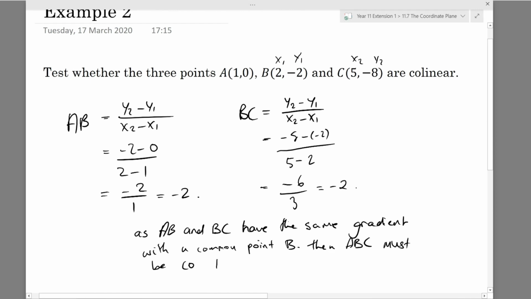I think that's one word, not two. Damn it. Okay, so pretty straightforward. Just check both the gradients, see if they're the same, and because we've used the same point in both of them, then they must be in that row.